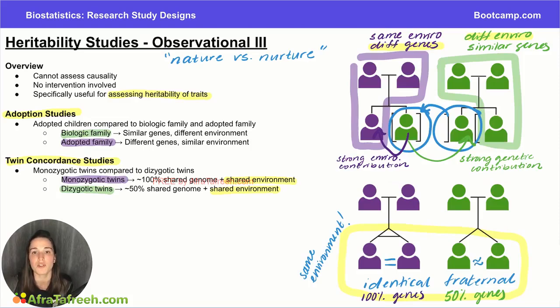For example, researchers could recruit a group of participants who have schizophrenia and an identical twin, and they could recruit another group of participants who have schizophrenia and a fraternal twin. If the identical twins of patients with schizophrenia are found to have schizophrenia more often compared to the fraternal twins, that suggests that schizophrenia has a genetic component.